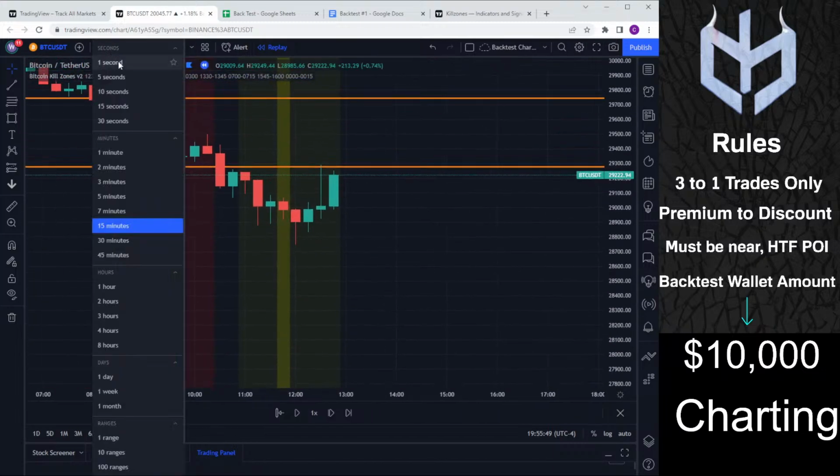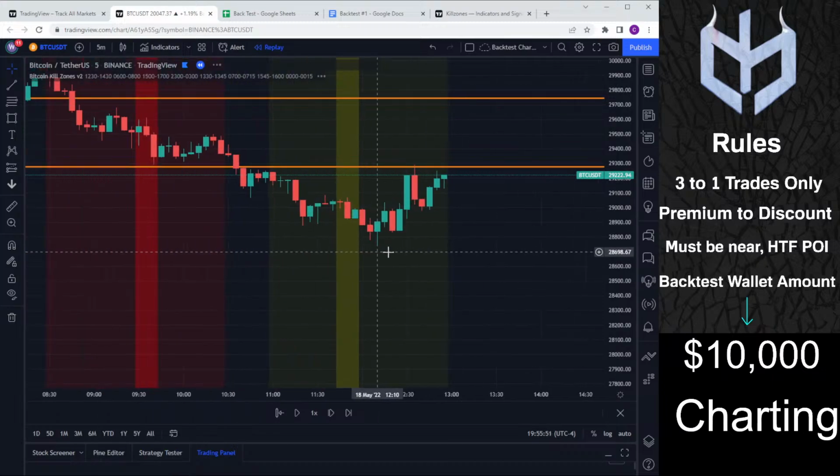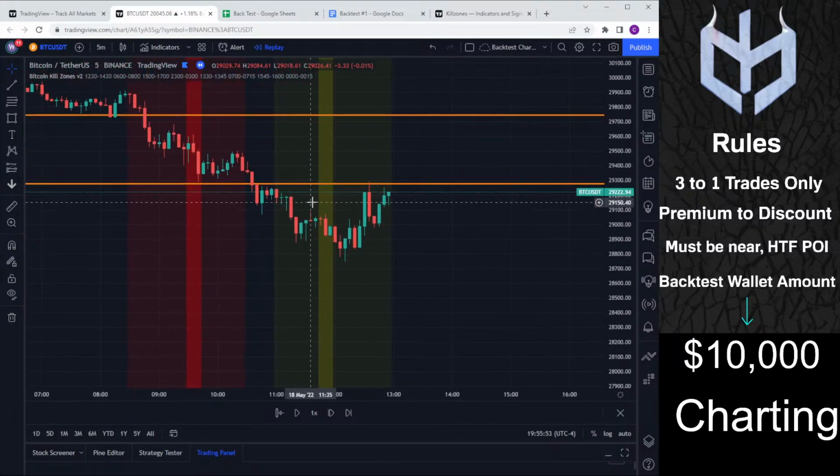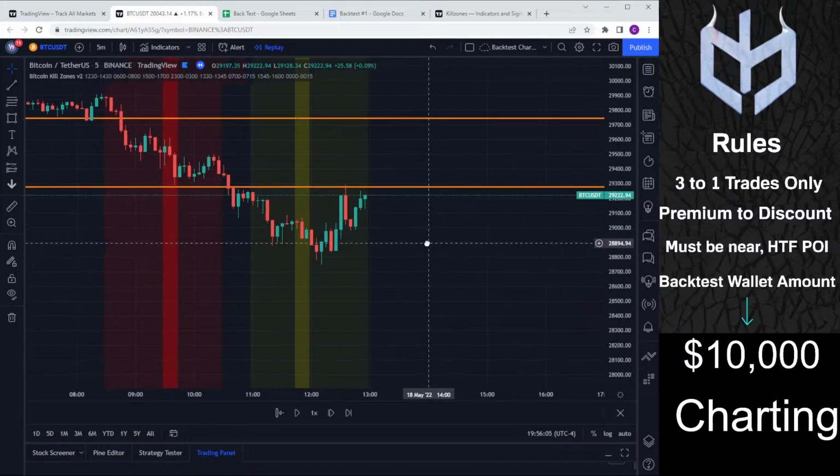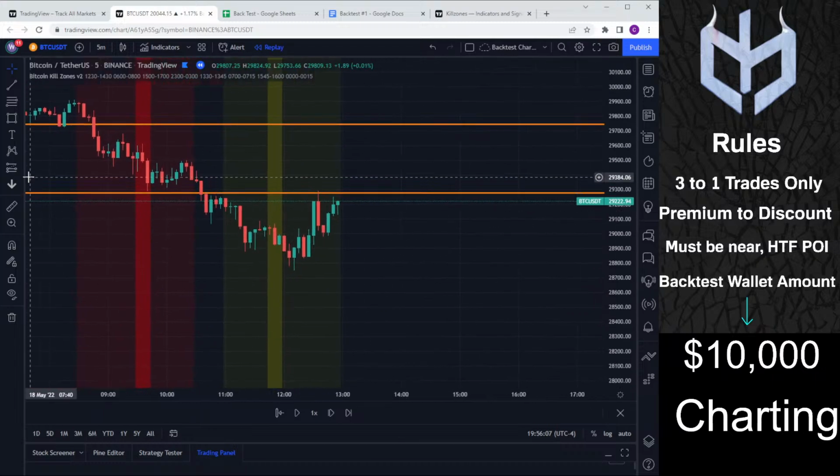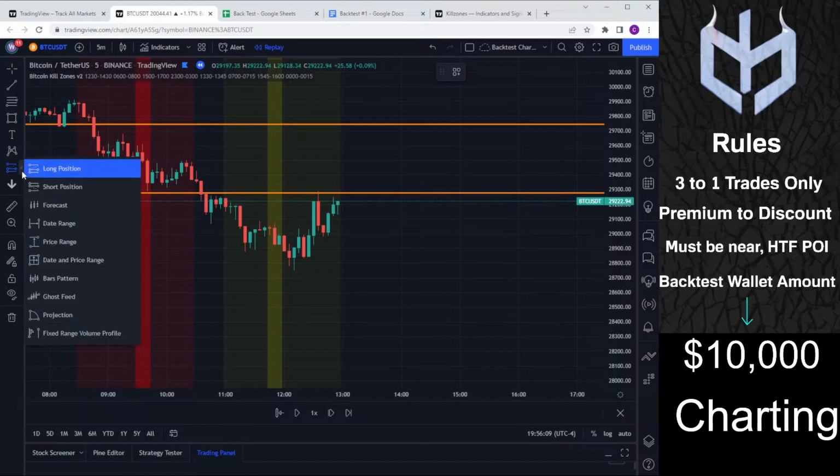What does that look like on a 5-minute? Taking out big candle. No gaps. Forms right there. I'm gonna take a long from this point.